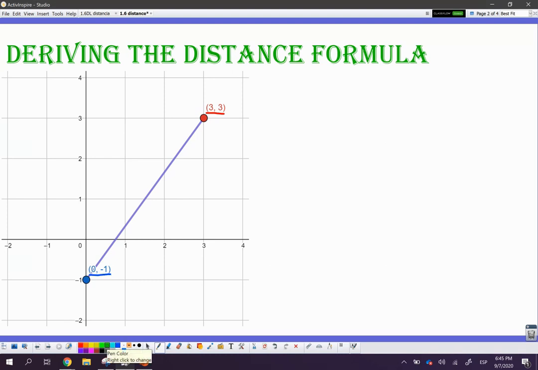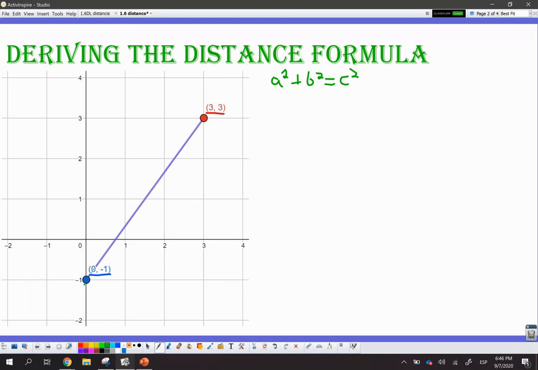Because last time when we talked about midpoint, we know how to count a horizontal or a vertical distance. We can simply just count the squares going across or count the squares going up. But we can't really count squares diagonally. So what do we do? Well, last lesson, 1.5, we learned about a useful tool called the Pythagorean theorem, right?